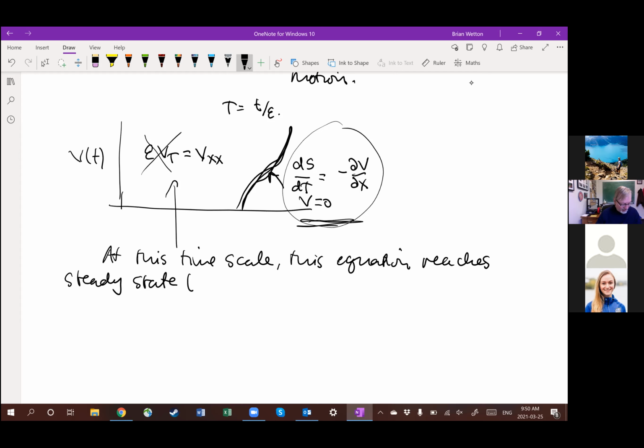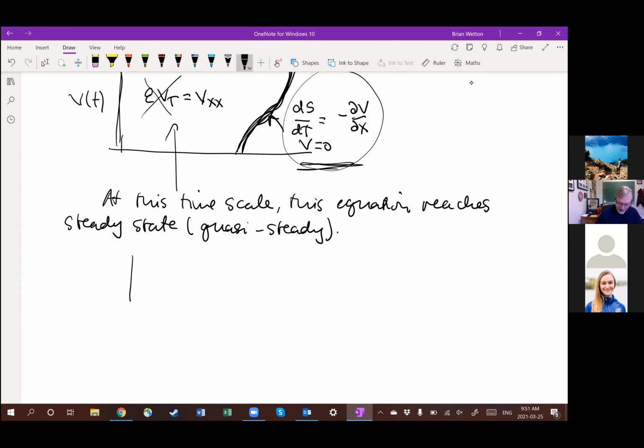And this is called quasi-steady, because it's only at this time scale that you're reaching a steady state, but this S is moving and this V is changing, and so this is also changing.